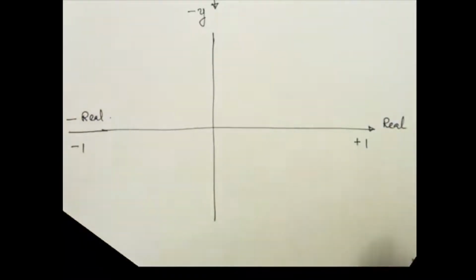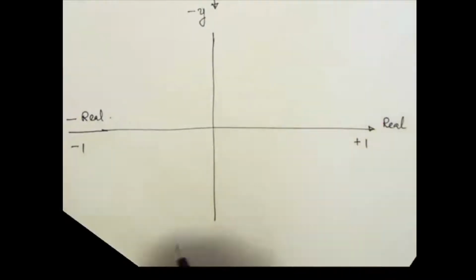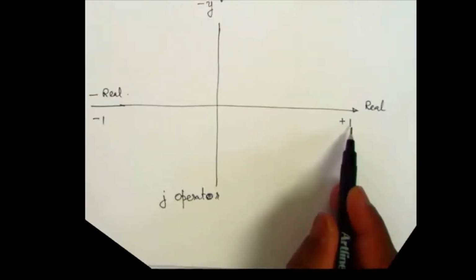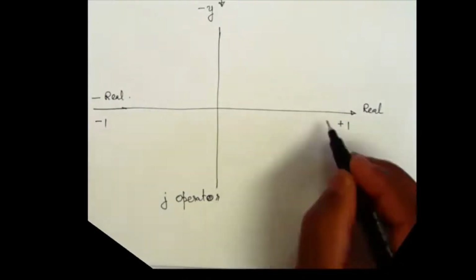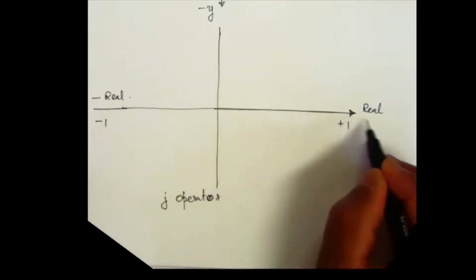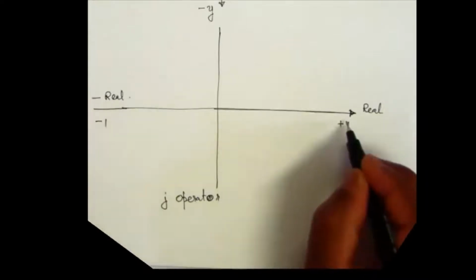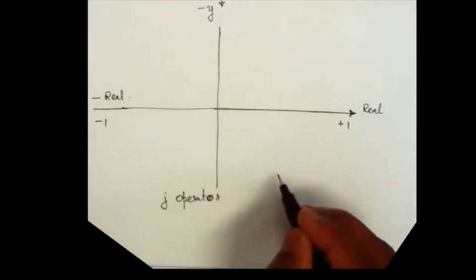Now let's assume we have an operator called the j operator. When we multiply this 1 by a quantity j, it turns this real axis vector, or we now call it the phasor, by 90 degrees.